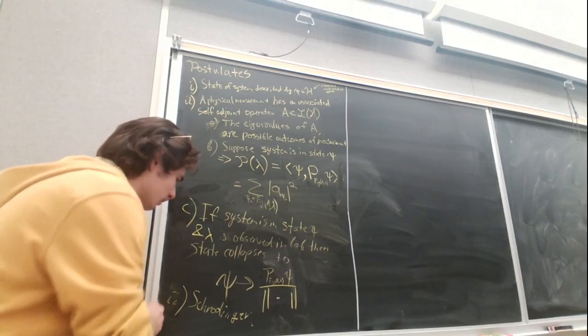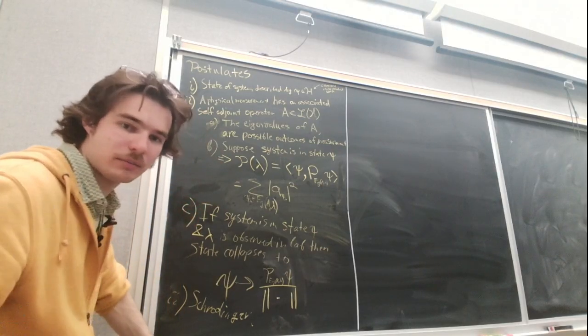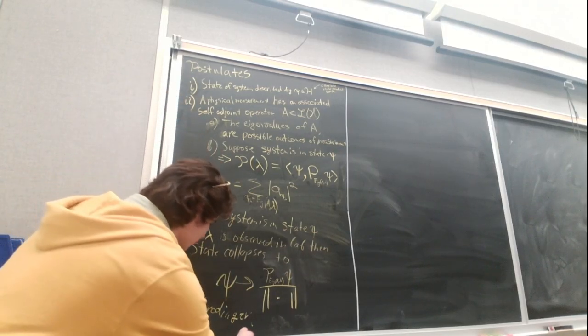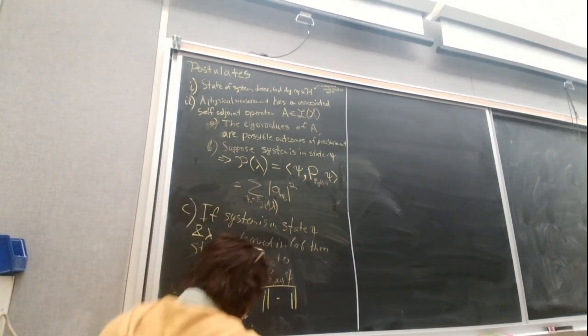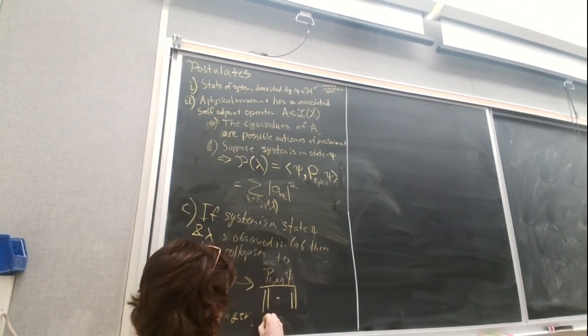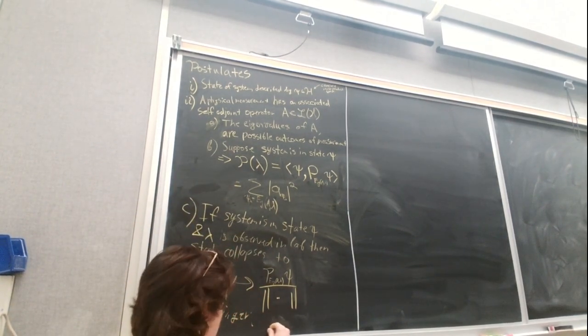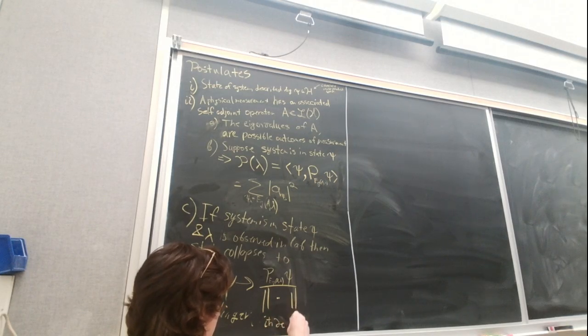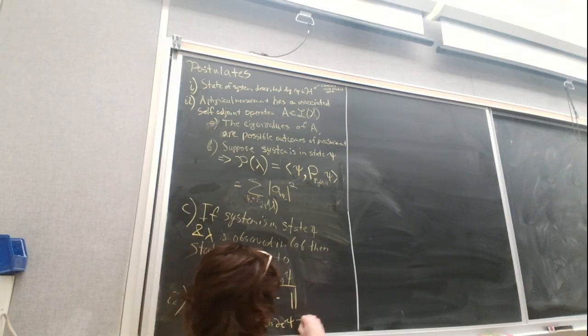Let's write it down. i h bar partial t of psi is equal to H applied to psi.